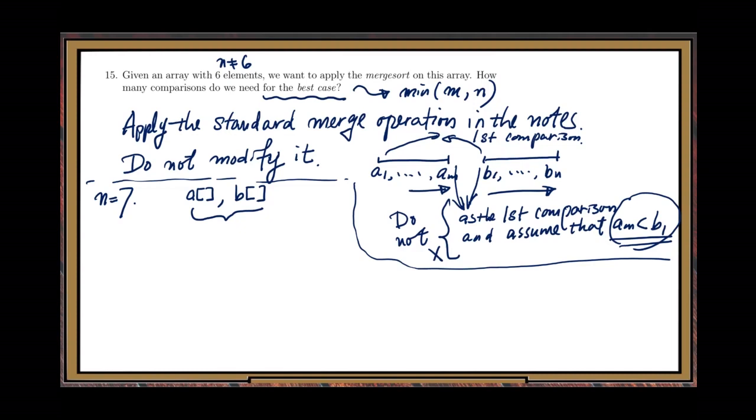I use a pair of parentheses to represent the useful information after the merge, because later we may need to use the information. It comes from two places. One is merging these two subarrays, the number of operations. The first number in the parentheses is the number of comparisons.